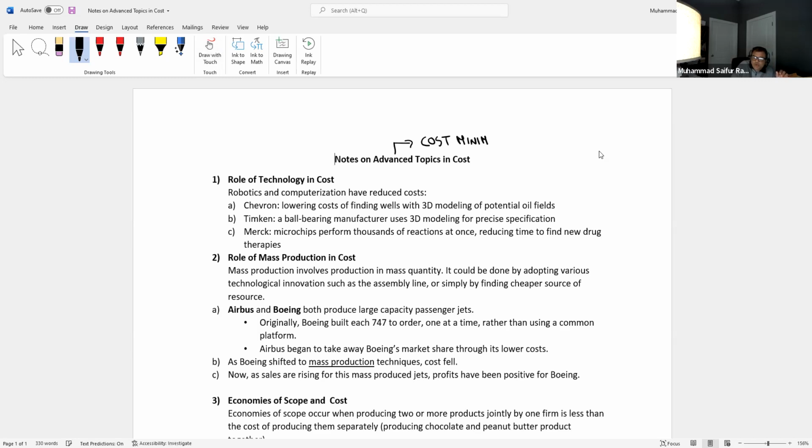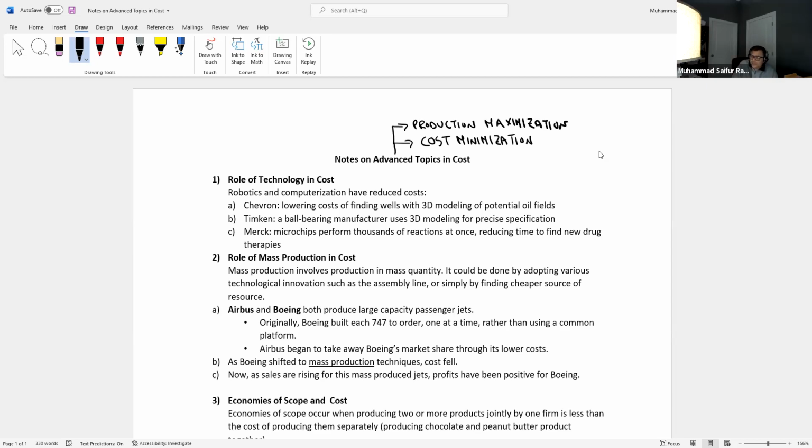But we are not only interested in cost minimization, we are also interested in production maximization. So let us look at some of the ways through which this dual objective can be achieved.